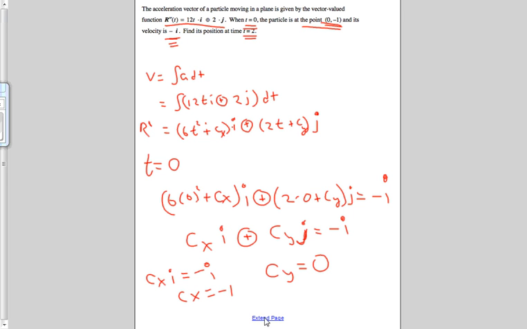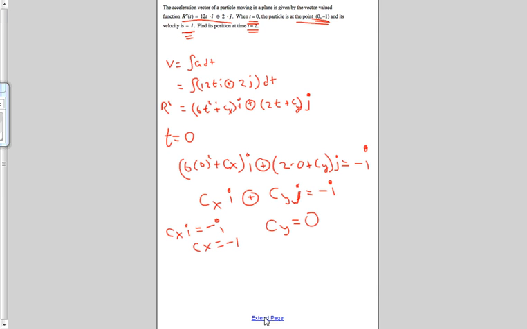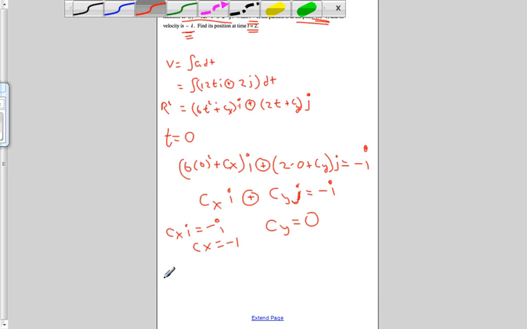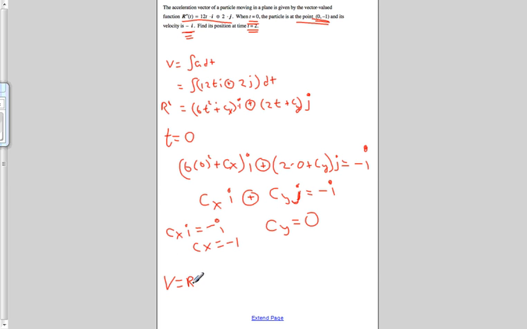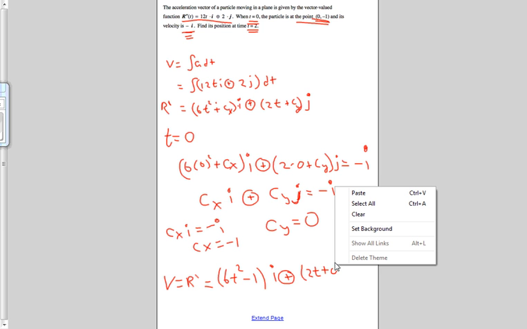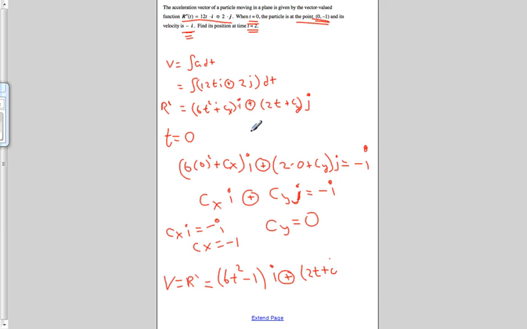But let's just write out what my velocity vector is, and then on the next page, figure out what my position vector is. So my velocity, which is the derivative of my position, equals 6t squared minus 1, that's the constant that I just found, in the i direction, plus 2t plus 0, and that's the constant I found for cy, in the j direction.